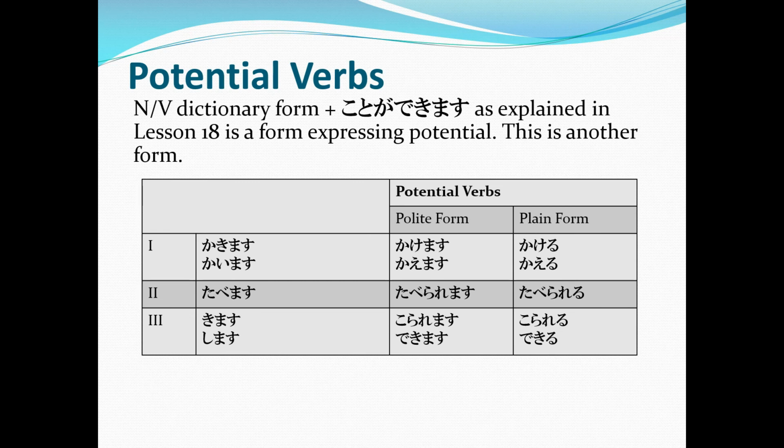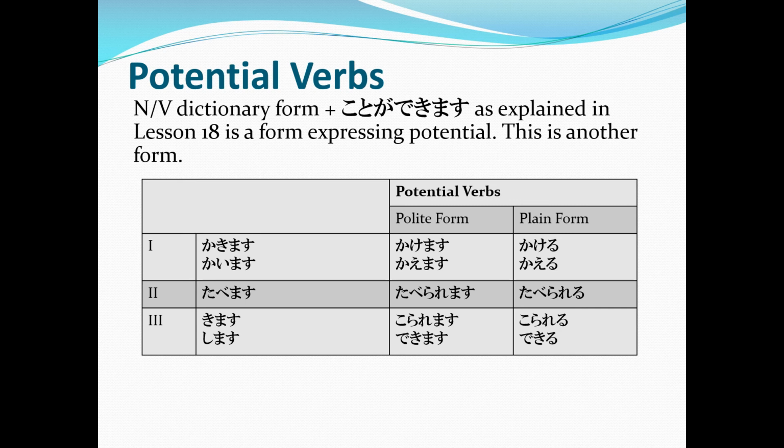For example, we have here kakimasu, or to write. To transform this into a potential verb, first in the polite form, you change the i sound before the masu into its e line counterpart.